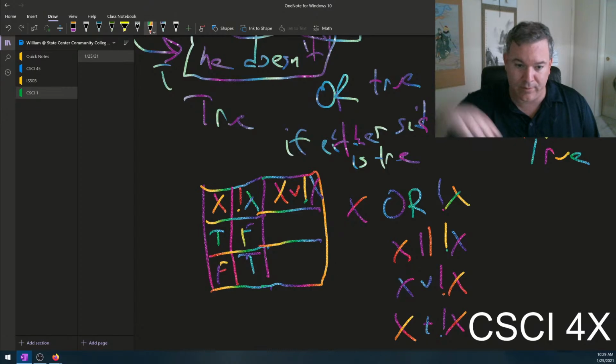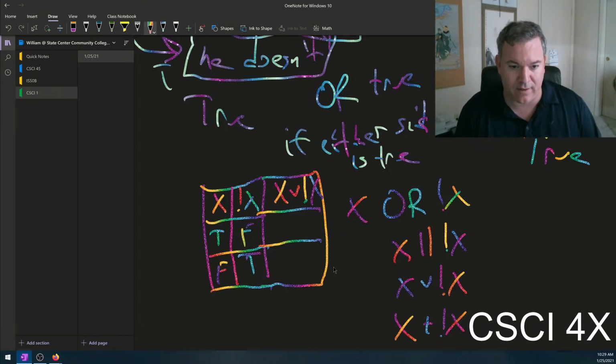So you say, okay, x. Let's assume that x is true. That means that not x is false, and so x ORed with not x must be true because one of these two sides is true. Either the left side's true or the right side's true. In this case, the left side's true. Therefore, the result is true.